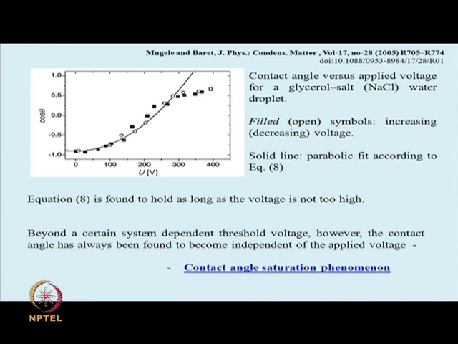This is known as the contact angle saturation, and you obviously cannot work beyond this value, but even then a change in contact angle by about 30 degrees, 50 degrees is possible. But you cannot make a non-wetting system completely wetting by simply increasing the potential difference.